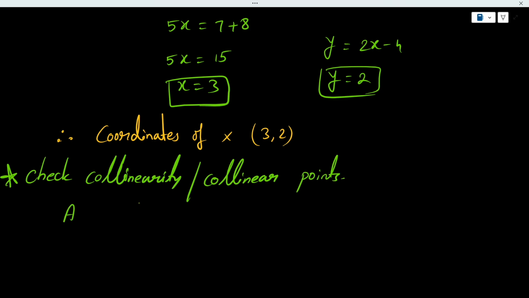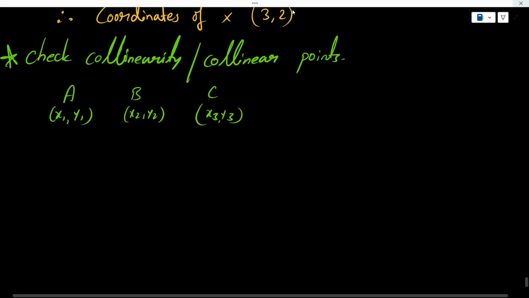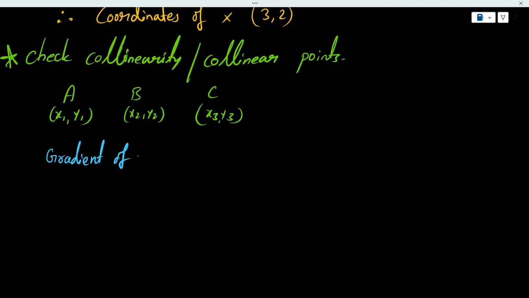So if I'm giving you here the coordinates of A as x1, y1, any coordinates, then for B, this is x2, y2, and here there is a point C, x3, y3. If you need to check the collinearity, what you are going to do here is find out the gradient of AB. If I find out the gradient of AB and BC, and they are equal, then both are going to be parallel lines.